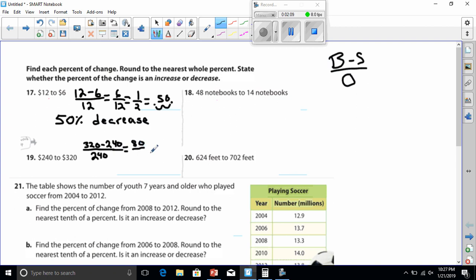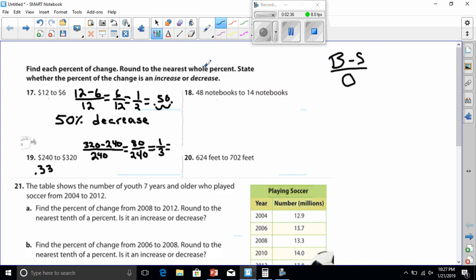And let's see, 80 divided by 240. Well, we know that 8 goes into 24 3 times, so 80 goes into 240 3 times, so that's going to be 1 over 3. 1 over 3, I believe, gives us 0.3 repeating.